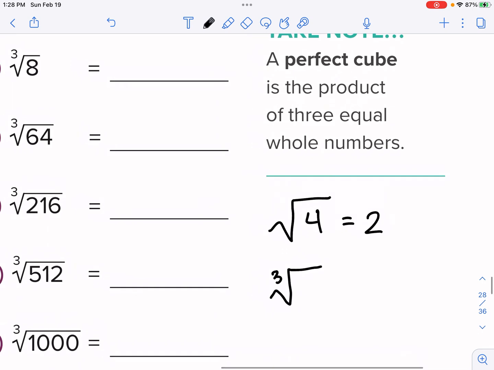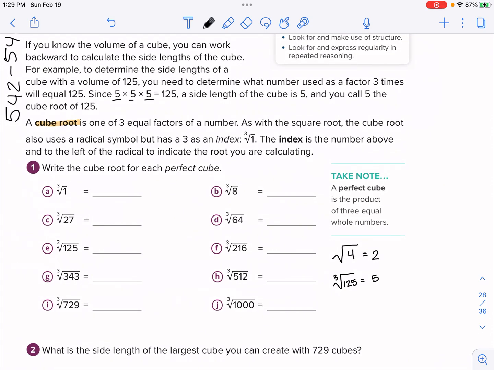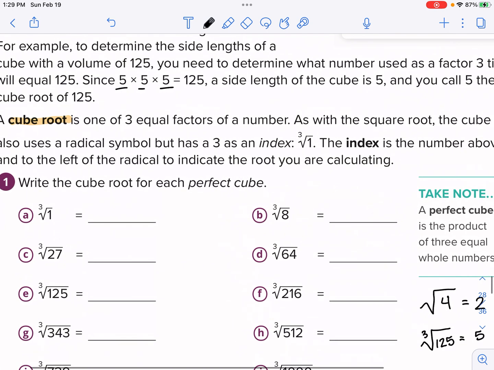We're looking for 3 numbers that if you multiply them together, so like the cube root of 125 is 5 because 5 times 5 times 5 equals that. All right. So it says the index is the number above and to the left of the radical to indicate the root you're calculating.